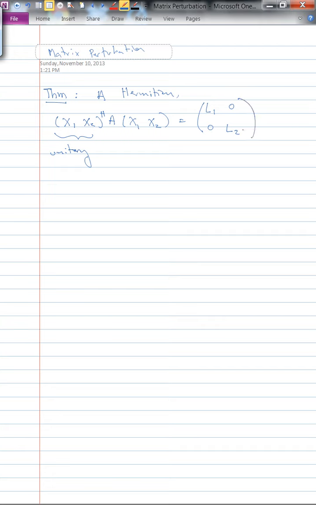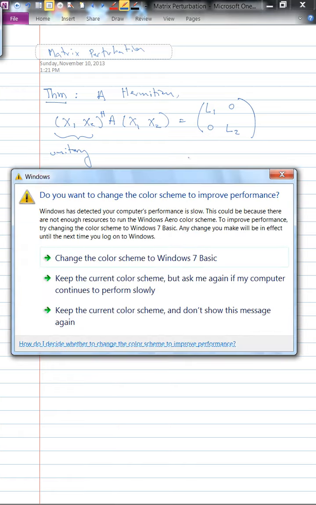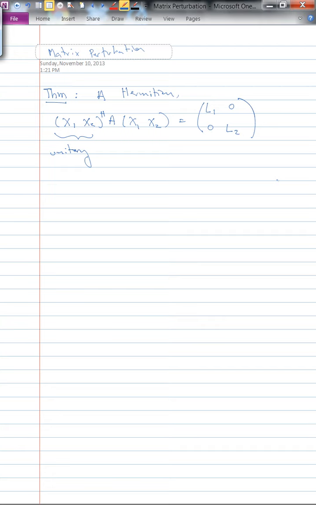Note again that this is something that doesn't happen for general matrices. In the Hermitian case, if we have an invariant subspace, then we know that its orthogonal complement is also going to be invariant, and that's why I'm able to write this result in this way. That's why we have zeros not only there, which we always have for an invariant subspace, but we also have a zero there as well.